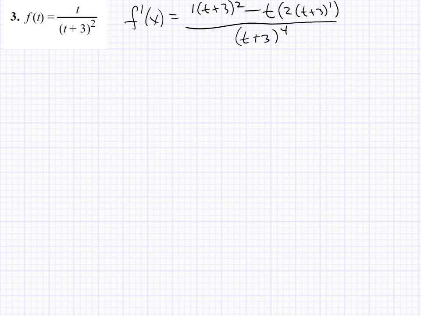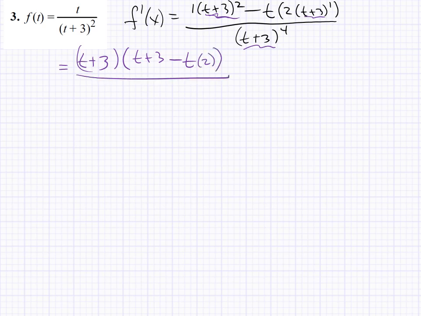So what I'm going to see here is they're simplifying. This thing could get really messy, but I'm going to find an easy way. t plus 3, t plus 3, t plus 3. So what I'm going to do is factor that t plus 3 out. And so what I'm left with is there's still going to be a t plus 3 here because it's squared, minus t times, this t plus 3 is gone because it's to the first power, so times 2, all over, this will now be t plus 3 to the fourth, but when I cancel it with this one, it'll now be to the third.